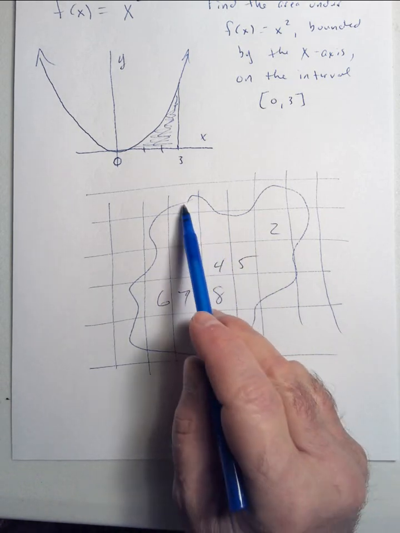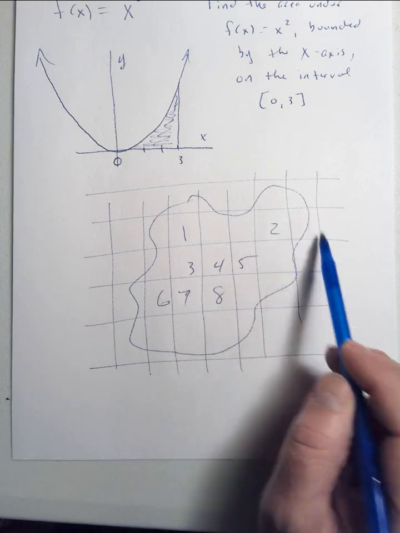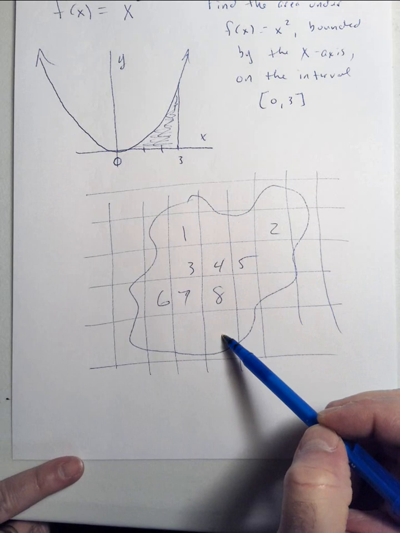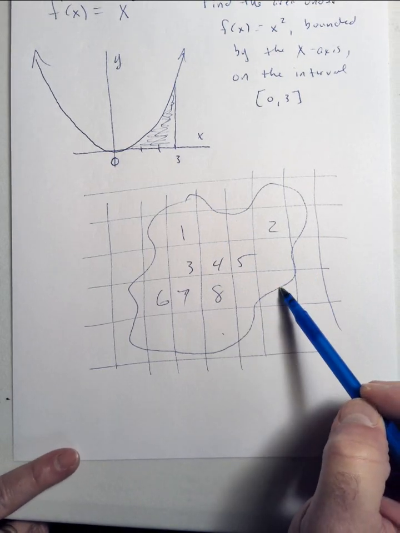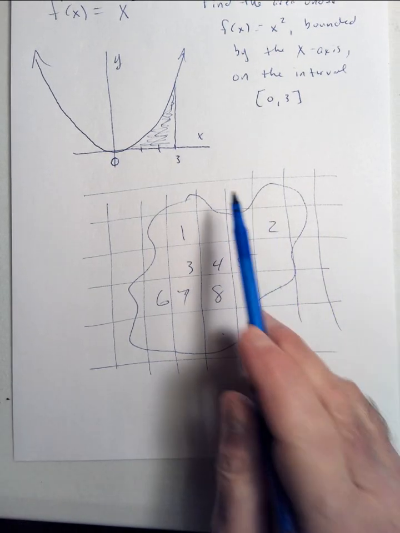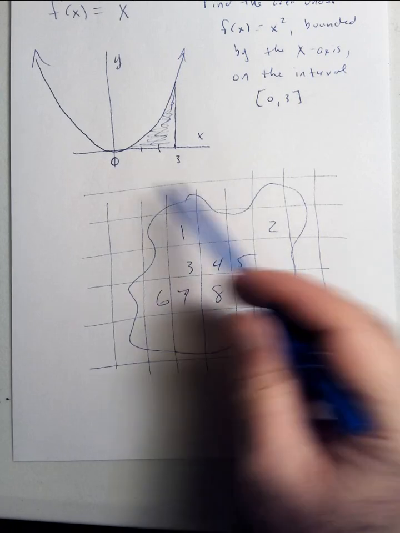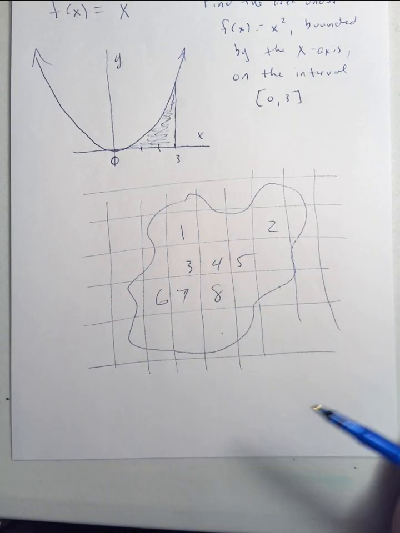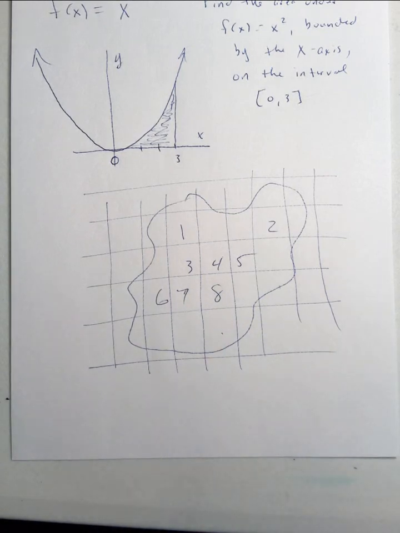And then you have all these that are on the boundary, and you would take a look at that, and some are more than half, some are half approximately, some are less than half. So the idea is take all the boundary squares, count them up, and then take half of those and add that to 8, and you get a pretty decent approximation. Not great, but what would make it better?